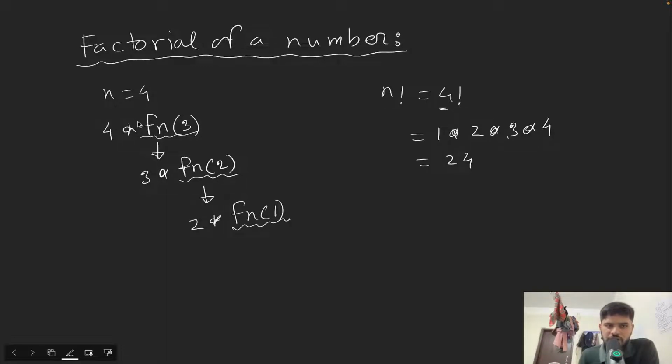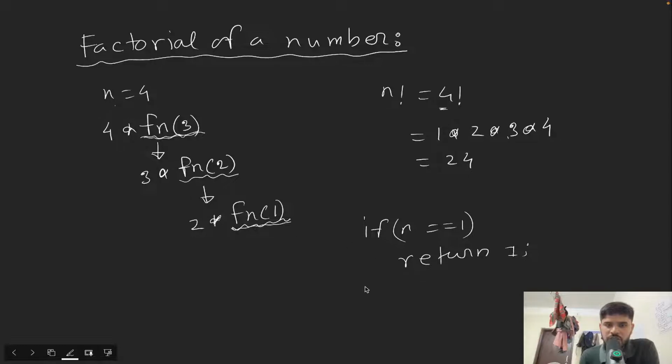We're calling this function recursively. I will show you the code, don't worry. Now we're going to break this problem into smaller pieces, but we will have a base case. If our number becomes 1, if n equals 1, we will simply return 1. This is our base case.